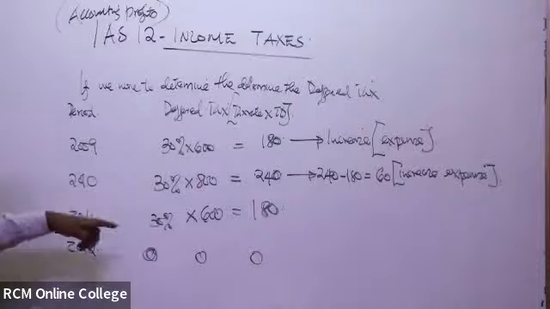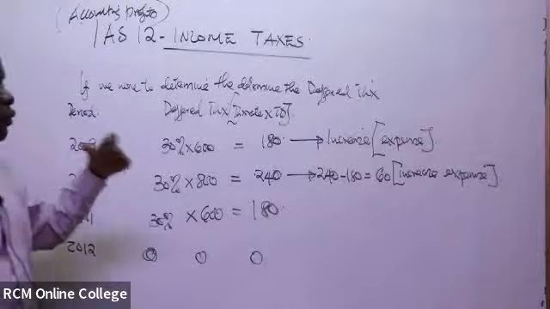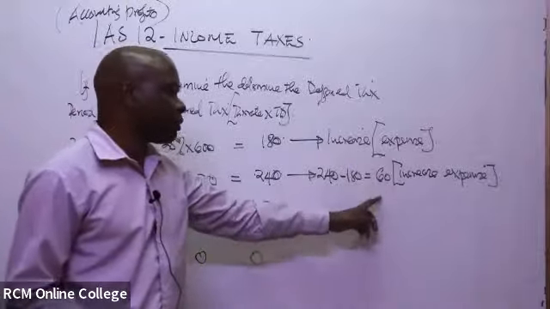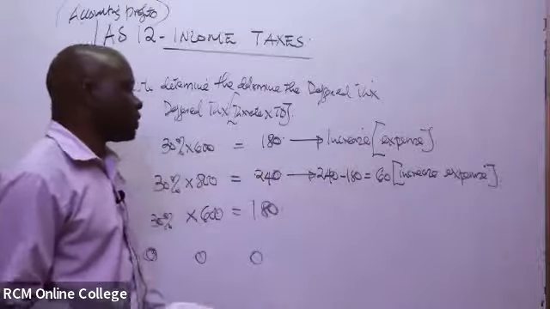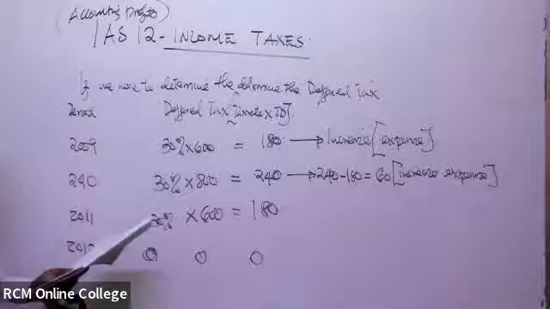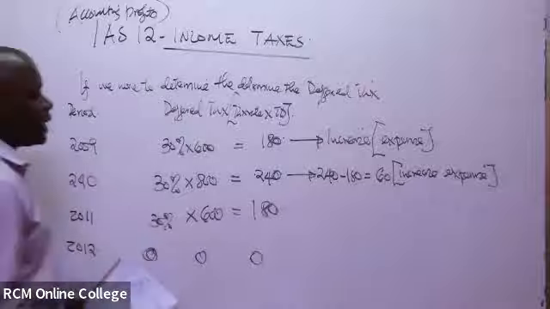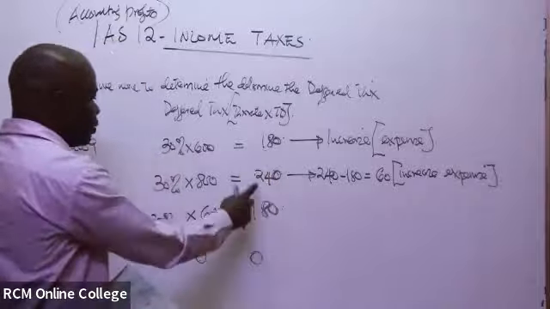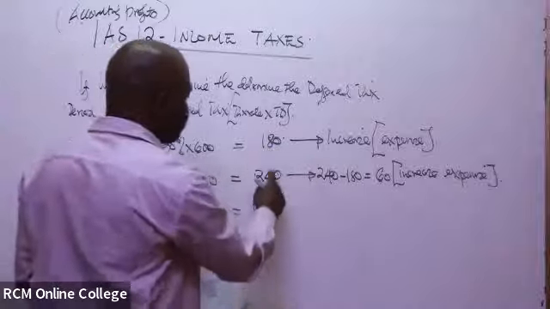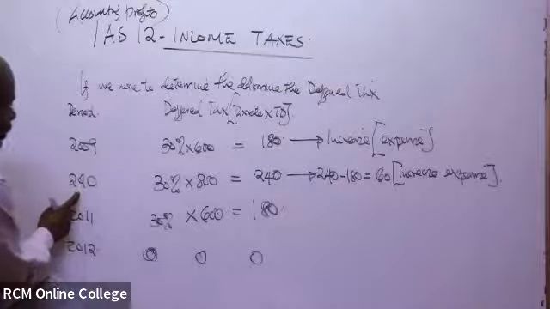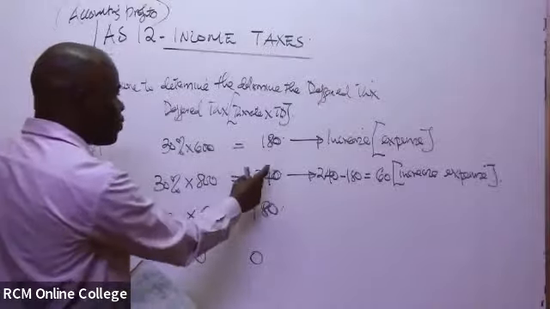So it means that for the year 2010, you'll take that current tax and include this one. Because you carried forward this one, you'll end up having to reduce on the subsequent years the deferred tax by the end of the year. So by the start of the year, you are having 180. By the end of this year, you're having 240. So there was an increase. When you open the year 2010, your deferred tax liability opened at 180.